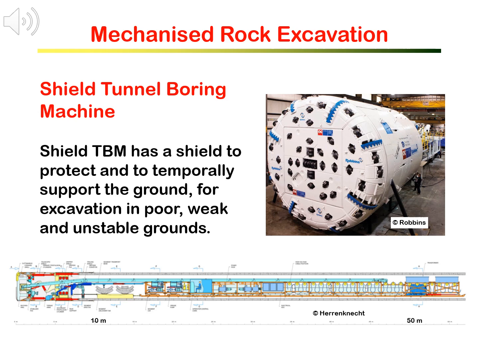You can see the shield behind the cut head in the photo on the right and in the drawing below. In the drawing, the shield tail is at about the 10-meter position, where you can see two segmental rings have been installed inside. With the shield and the lining, the excavated opening is constantly protected.